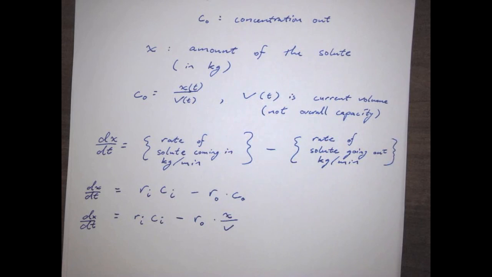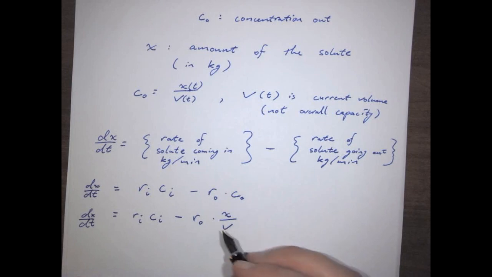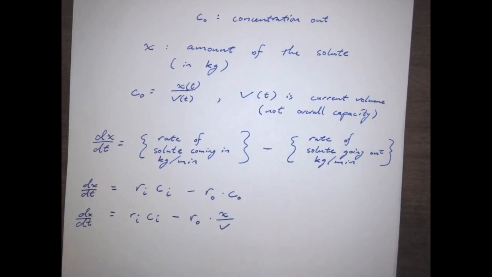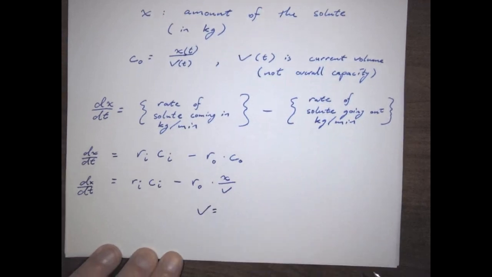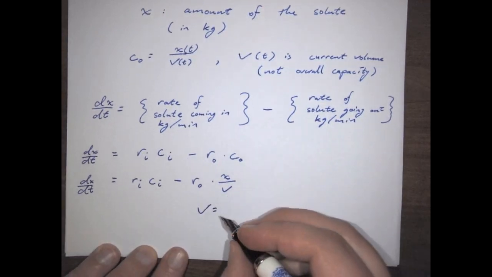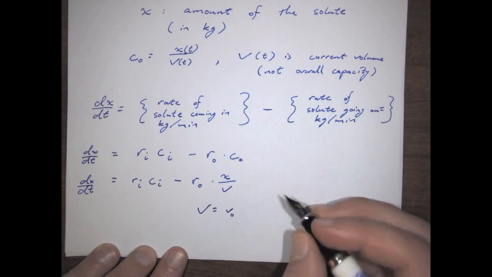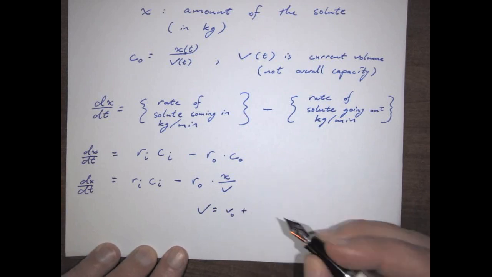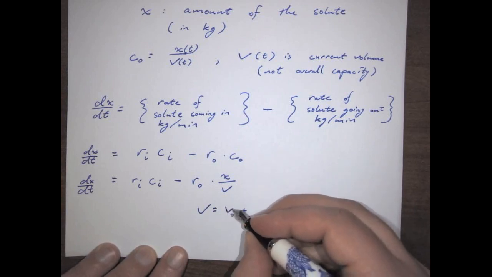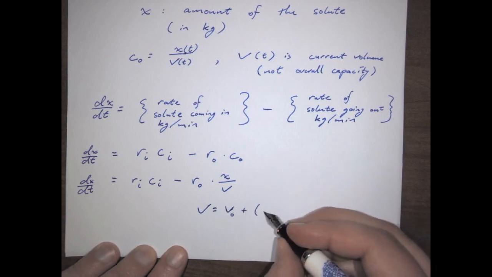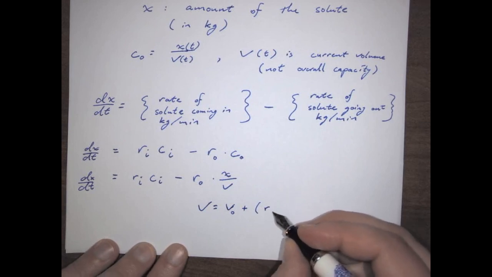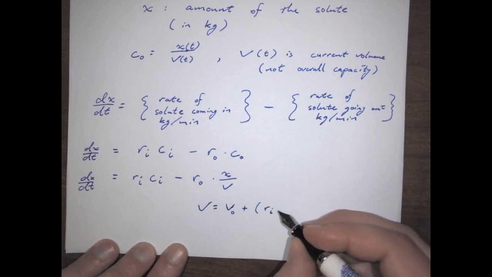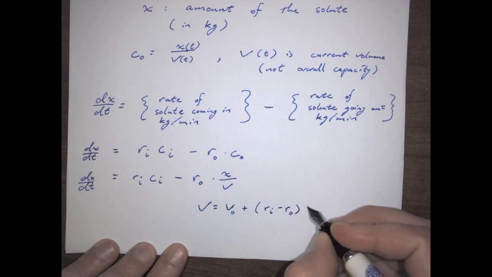And now here, let's then unpack the last pieces that we haven't really dealt with. V is going to equal whatever the initial amount is plus how much faster the tank is flowing for how long it's been flowing. So it's going to be rate in minus rate out times time.